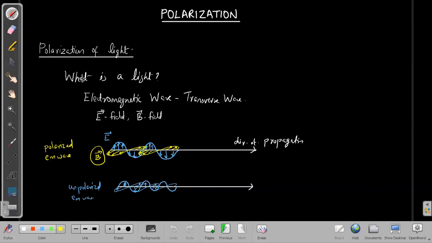So what you can do is keep a grid of metals, a wire grid. I will draw the wires.